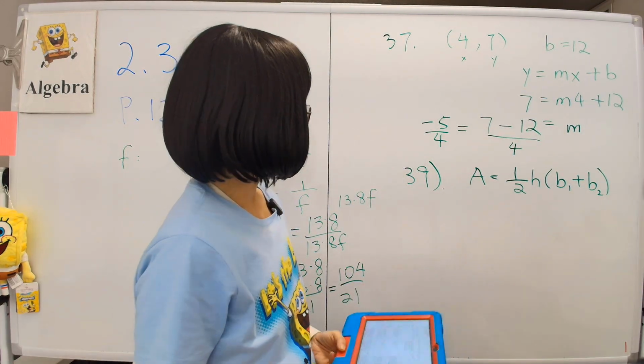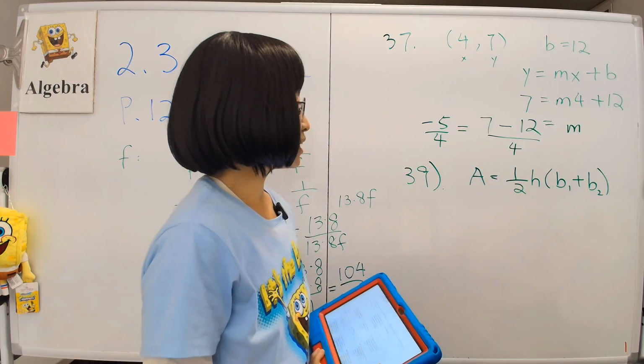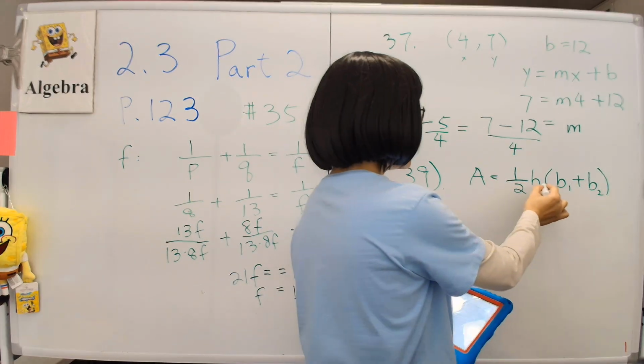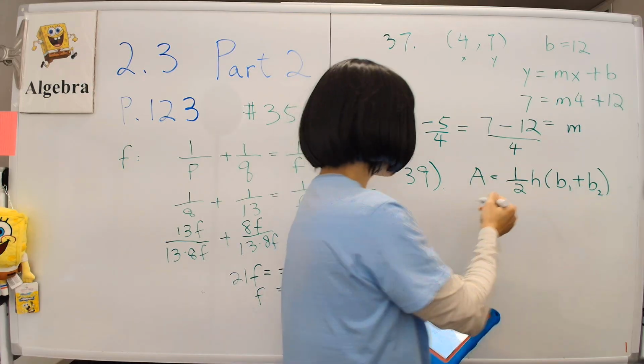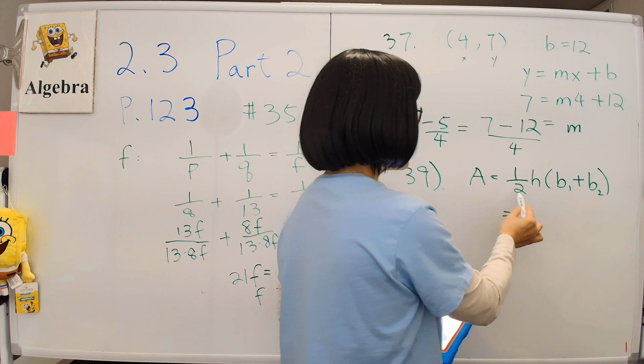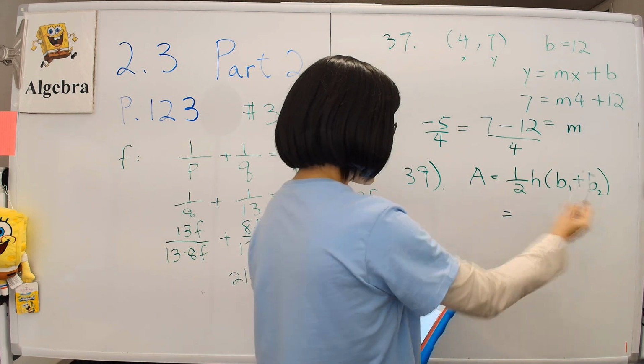Then we have to solve for h. What does that mean? That means we want to know what h is. We want h on one side of the equation and toss every single thing else out somewhere else. So h is now stuck with a lot of buddies. We need to kick them all away.